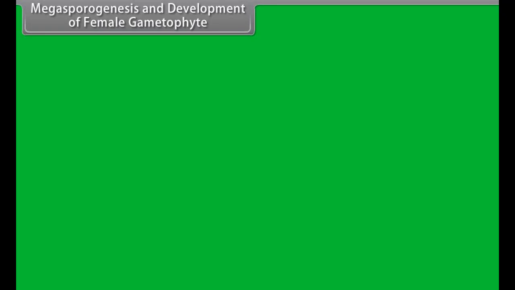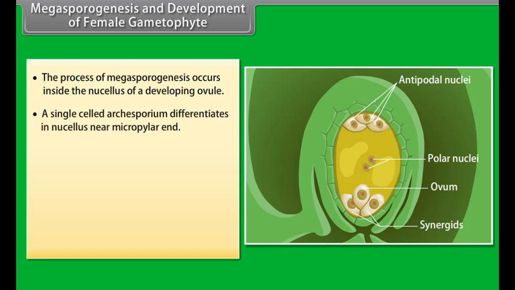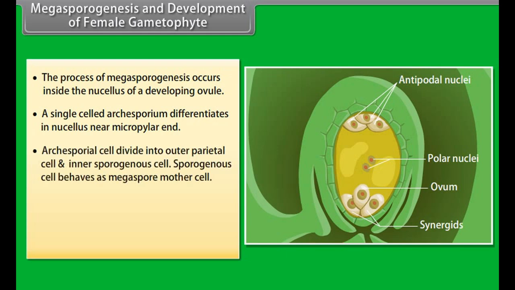Megasporogenesis and development of female gametophyte. The process of megasporogenesis occurs inside the nucellus of a developing ovule. A single-celled archesporium differentiates in the nucellus near the micropylar end. Archesporial cell divides into outer parietal cell and inner sporogenous cell.